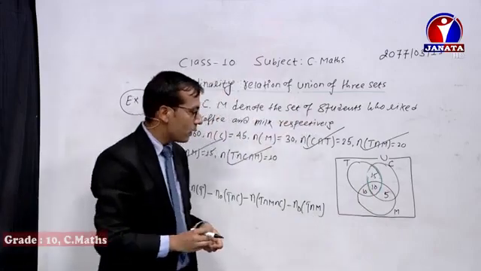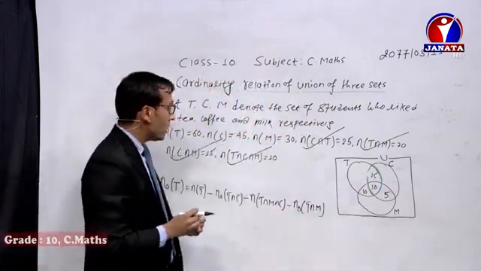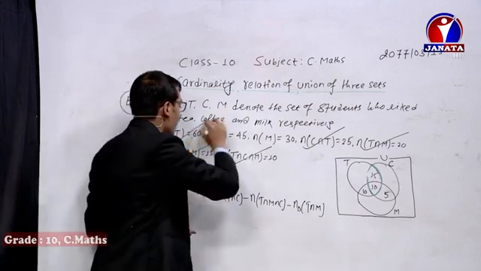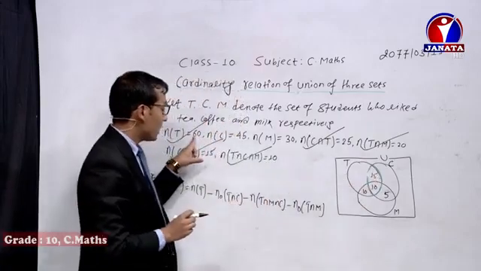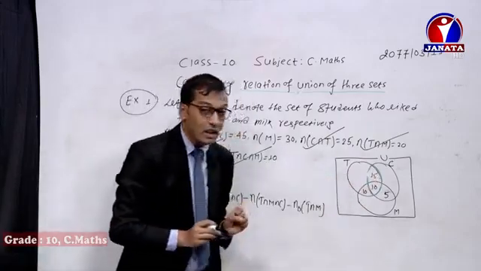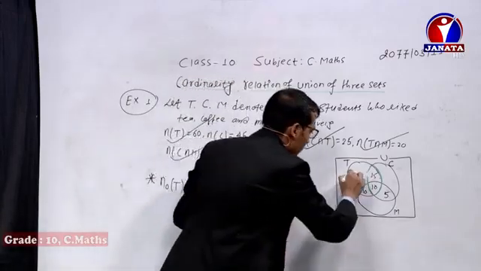So what is 15 plus 10 plus 10? 20 plus 15 is 35. So what is n of T? 60. So if we deduct the sum of these three numbers from 60, we obtain the number for n only T, and that is 60 minus 35 is 25.